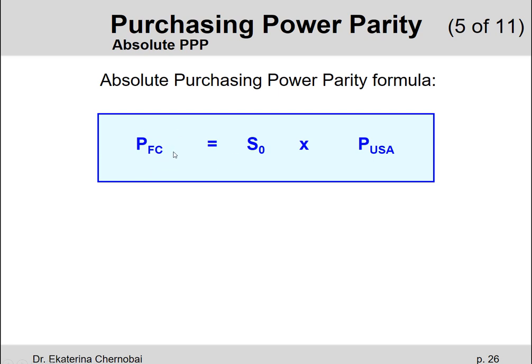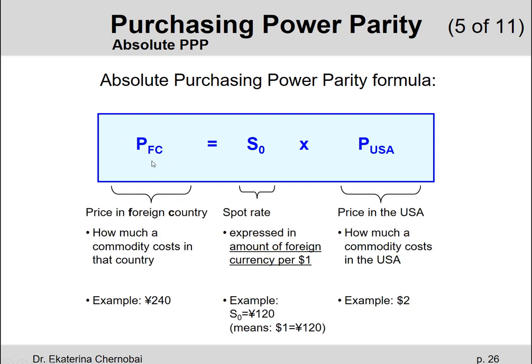The price in a foreign country, P subscript FC, expressed in terms of the foreign country's currency, such as, let's say, the price for a burger, 240 yen, the example we had, is equal to the spot exchange rate, S subscript 0, expressed in the amount of foreign currency per $1, such as, for example, 120 yen per $1, multiplied by the price in the United States, P subscript USA.